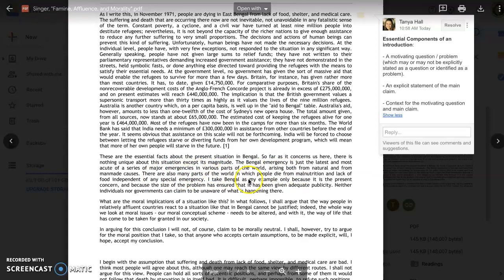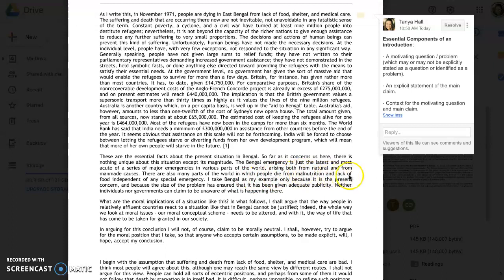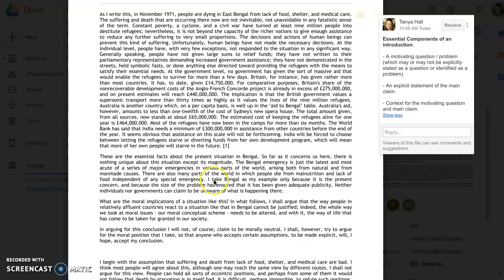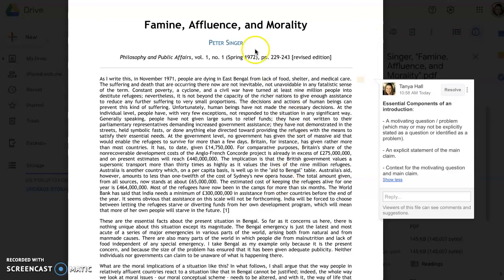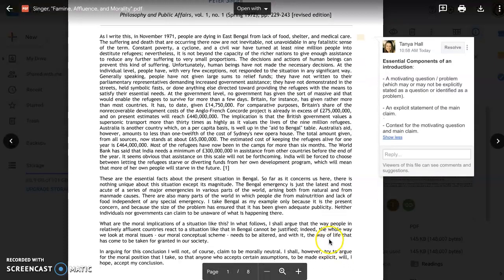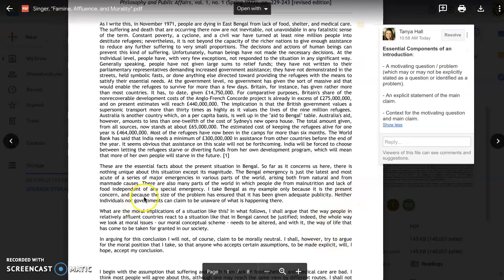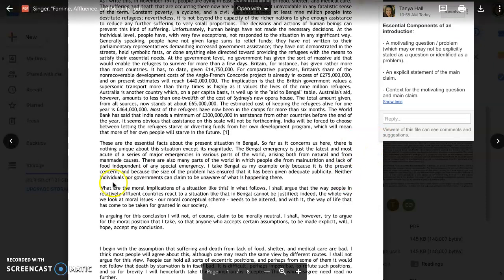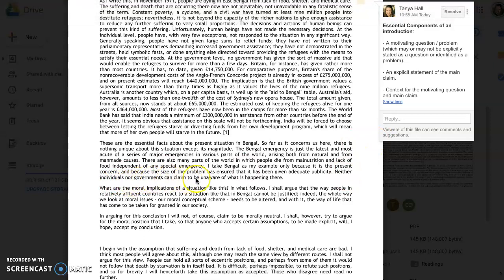"There are also many parts of the world in which people die from malnutrition and lack of food independent of any special emergency." Bengal is just an example. Why? Because in 1972, when this is written, it is the present concern, and it's large enough that people are familiar with it as a problem. "Neither individuals nor governments can claim to be unaware of what is happening here." Okay.